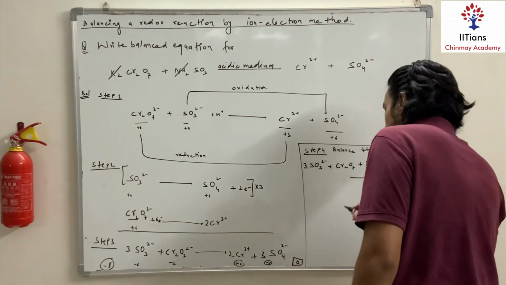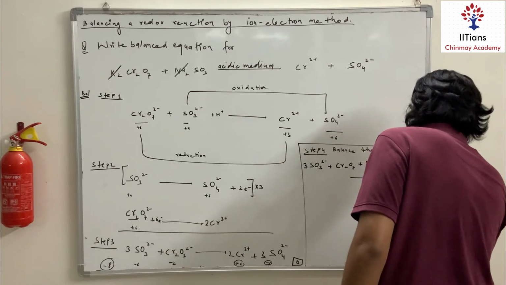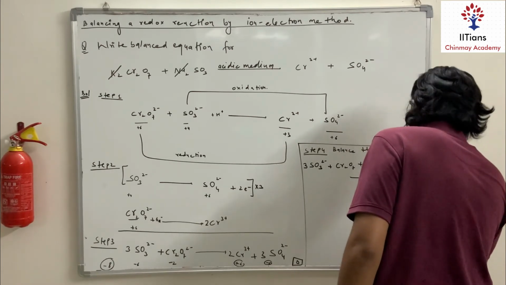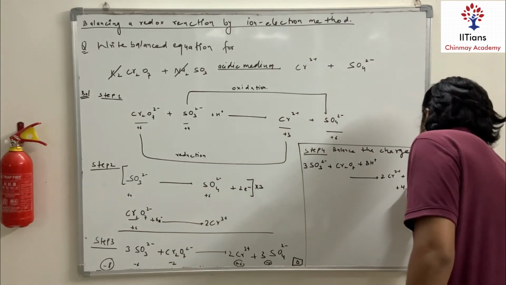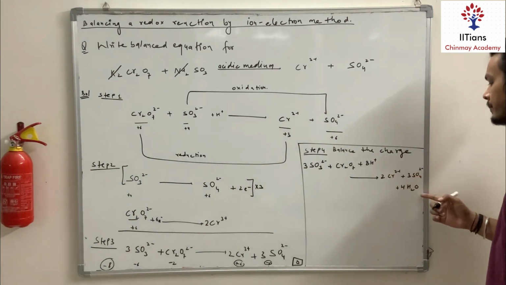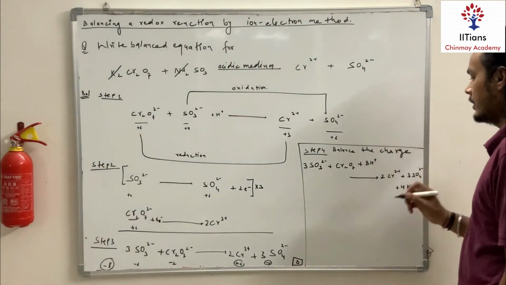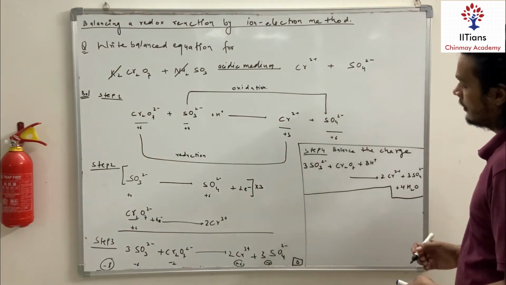And this will give us 2Cr3+ plus 3 sulfate. And because I've added 8 hydrogen, I will have to add 4 H2O on the other side in order to balance the hydrogen atoms, and this is your final balanced reaction.